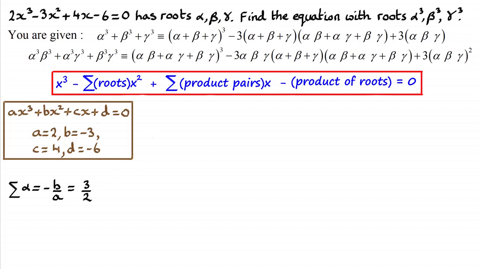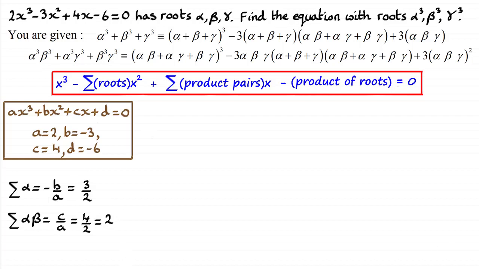I also showed you that the sum of the product pairs of roots, given by sigma alpha beta for short, that was alpha beta plus alpha gamma plus beta gamma, was equal to c over a. If we substitute our values in, 4 over 2 for c and a respectively, you're going to get 2.